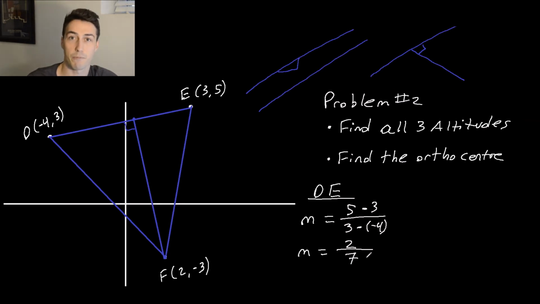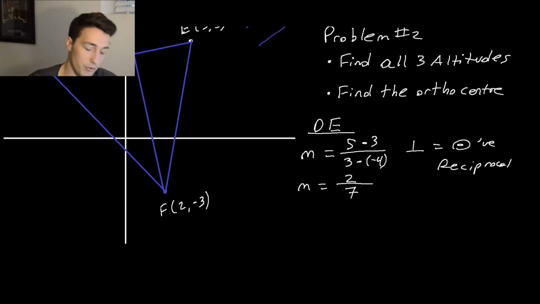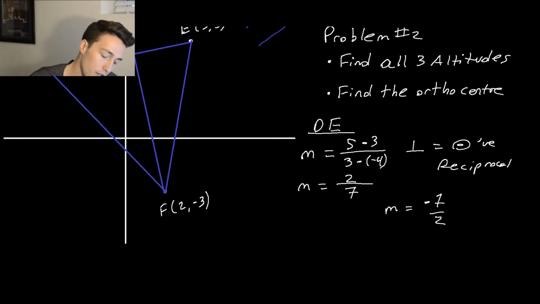The negative reciprocal of that, which defines a perpendicular line, is m equal to negative 7 over 2. So I flip these around and then put a negative in front of it. And that's how you find the negative reciprocal.